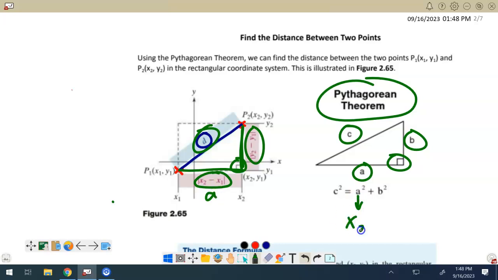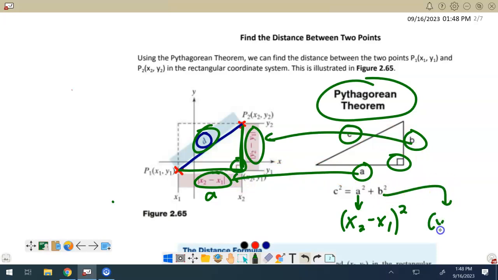So we're going to have x2 minus x1, and that's going to have to get squared. And this is why the absolute value doesn't matter, because when you square it, that's going to make it positive anyways, so we don't really need to keep the absolute value around. And instead of b, we have the change in the vertical direction, which is y2 minus y1 squared, and we're going to add those two together.